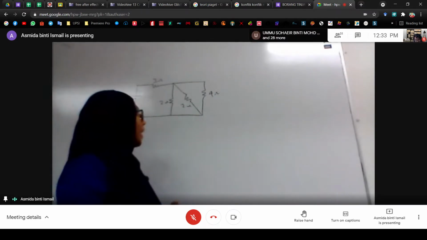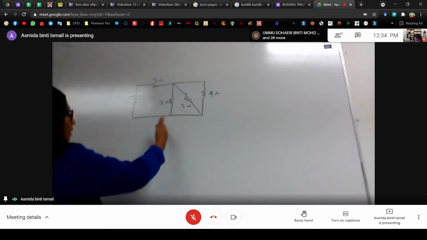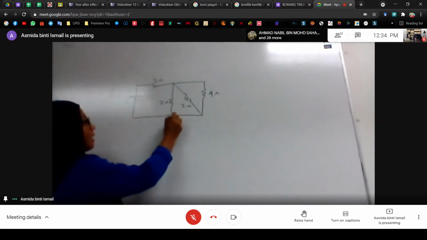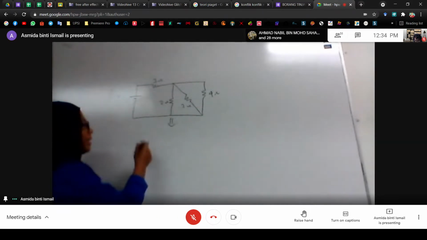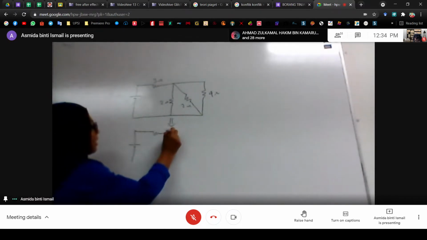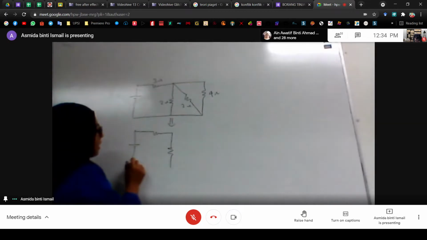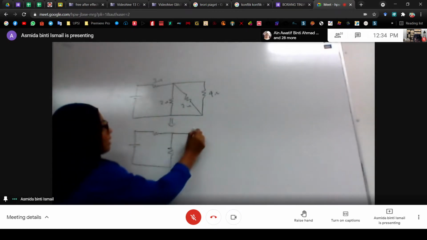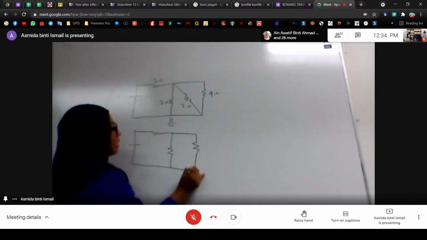Okay, so you can transform this circuit. You can draw it in the way that you can understand better.